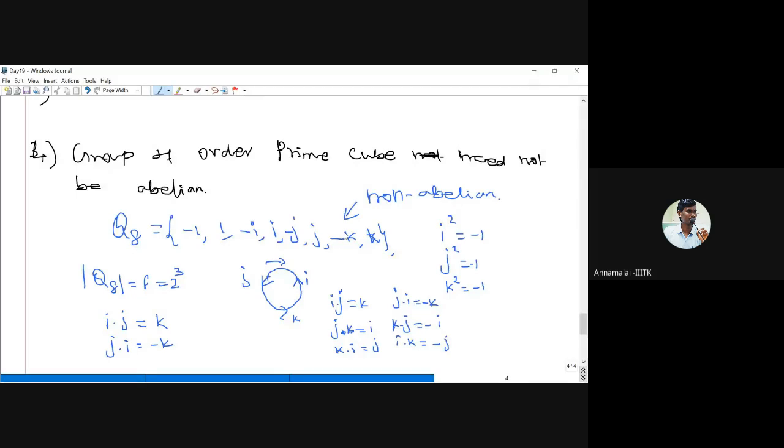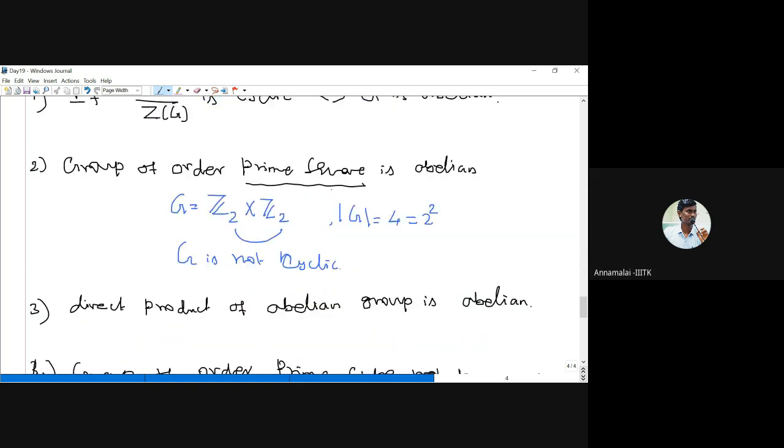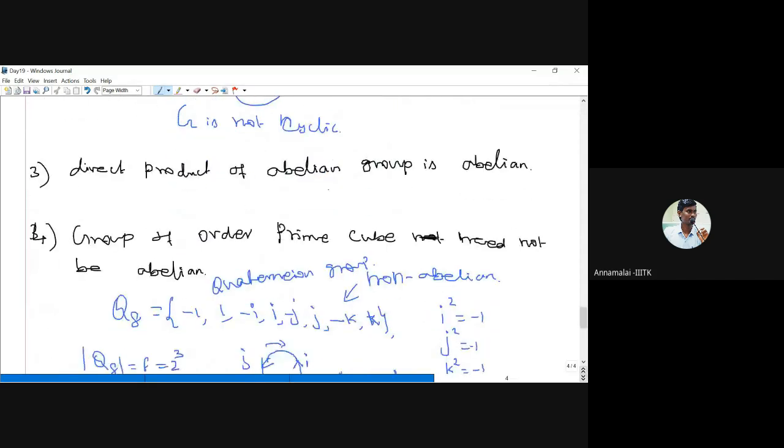Therefore, a group of order prime cube need not be abelian. This is an example, and this group is called the quaternion group. But a group of order prime square is always abelian, while a group of order prime cube need not be abelian.